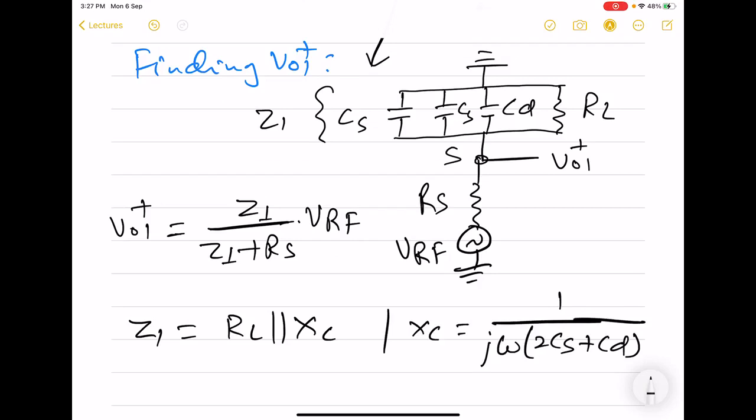That means the combined effect of two CS capacitors and CD. So using Z1, we can now find out what is VO1 plus.